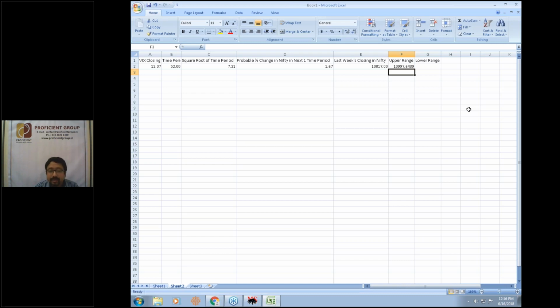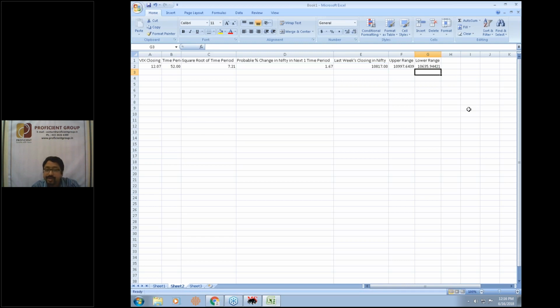What is the lower range for Nifty next week? The lower range for Nifty next week will be this value multiplied by 100 minus this, divided by 100.